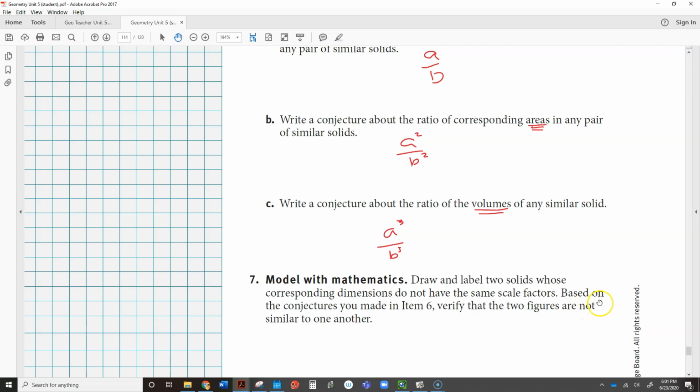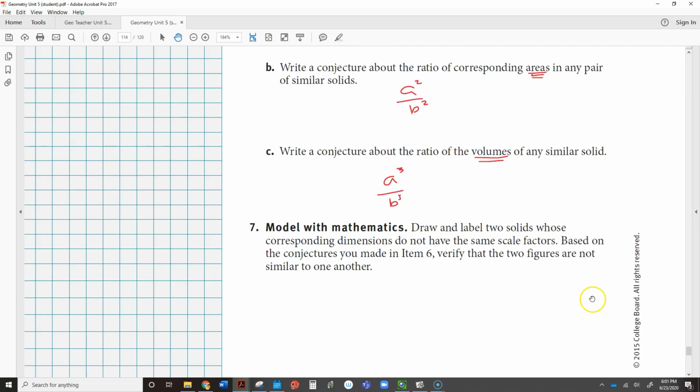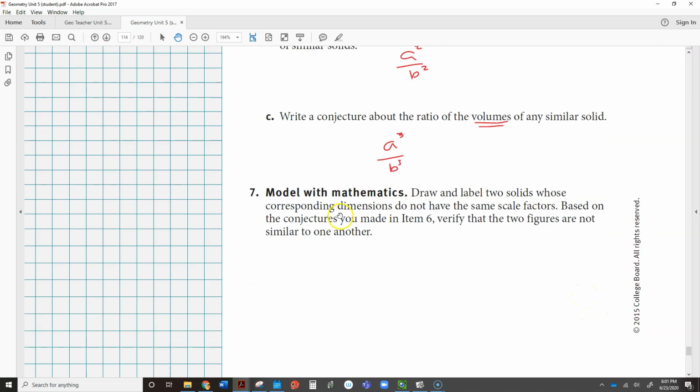All right. Draw and label two solids whose corresponding dimensions do not have the same scale factor. Based on the conjectures, verify that the two figures are not similar to one another. So this is just saying, show me that it doesn't work if they're different. So two solids.